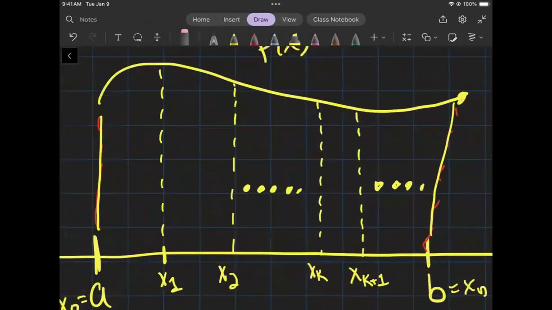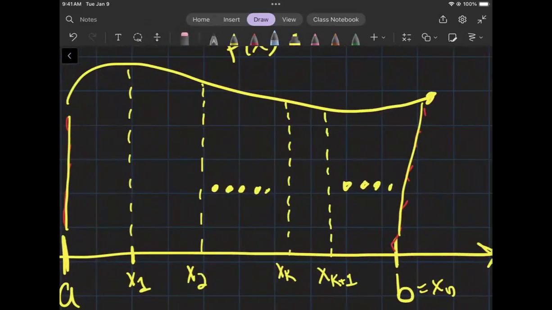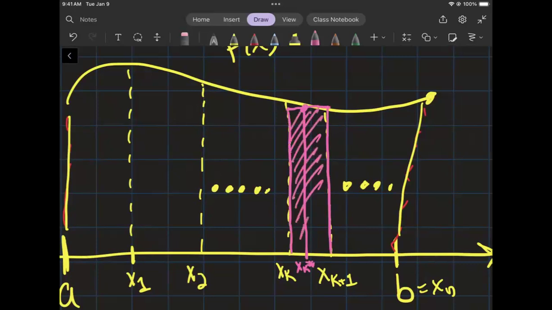Then for each of these subintervals, I'm going to look at a point that is inside the subinterval. So if I look at x sub k star, I'm going to use this point to define my height for a rectangle that is restricted along x sub k and x sub k plus 1. So this would be my rectangle here.